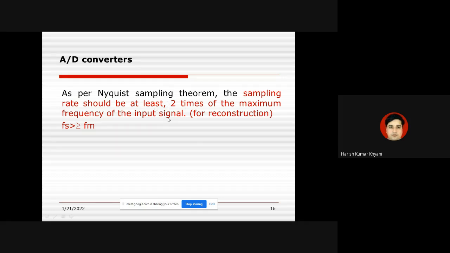The main purpose of this theorem is to recover the signal at the output side in a proper format. For the time being, please take note of that. The sampling frequency must be greater than or equal to, sorry, I have missed the 2 here, so please note that this is 2 times FM. FM is the maximum frequency.